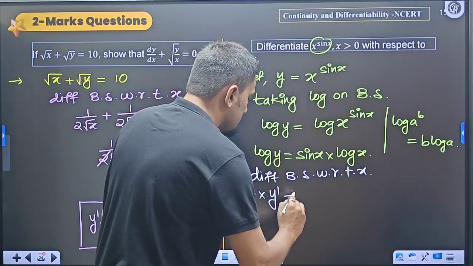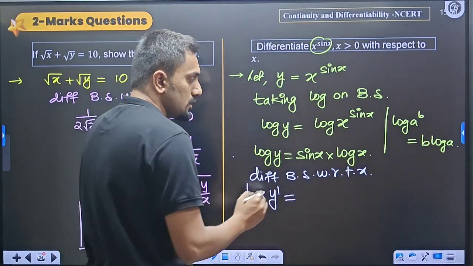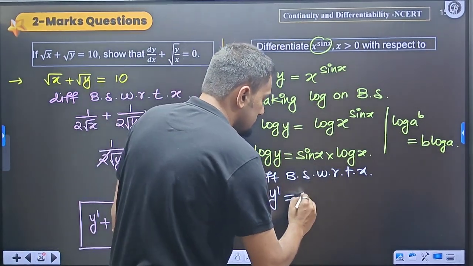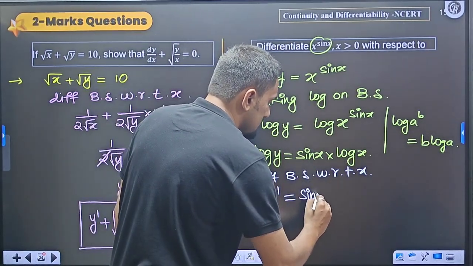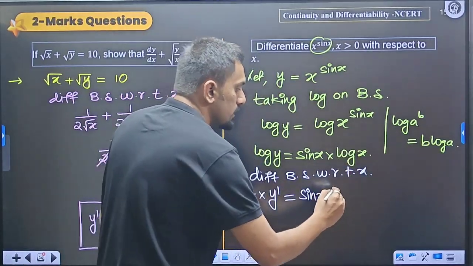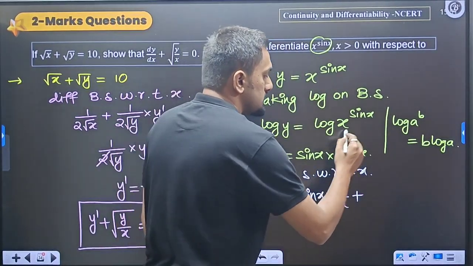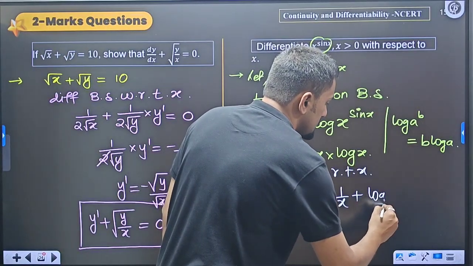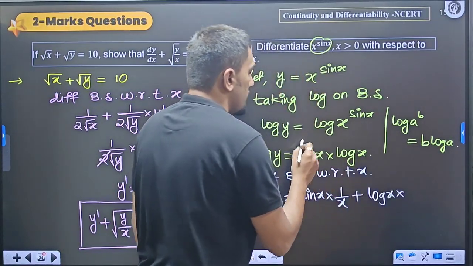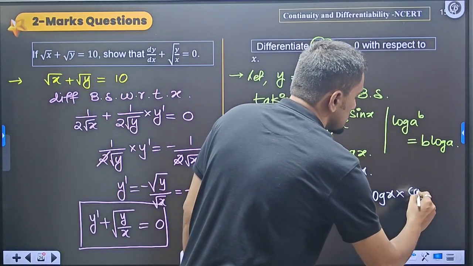y dash is equal to first function as it is, that is sin x as it is, into derivative of log x which is 1 divided by x, plus second function as it is, that is log x as it is, into derivative of sin x which is cos x.